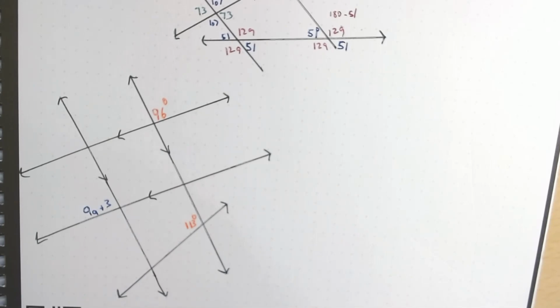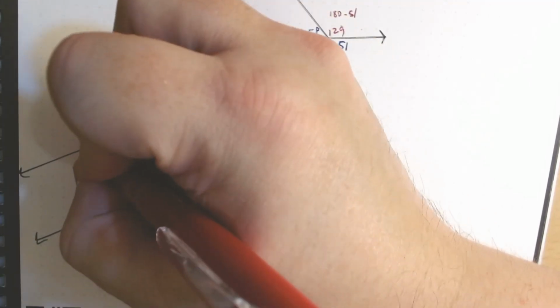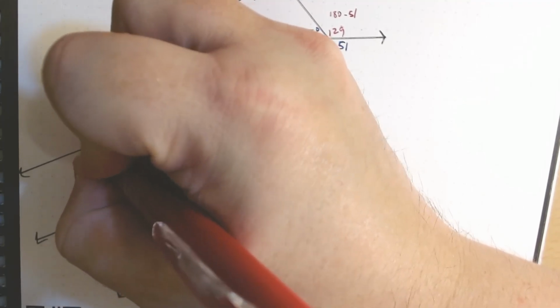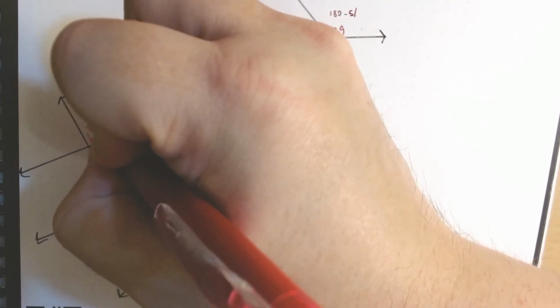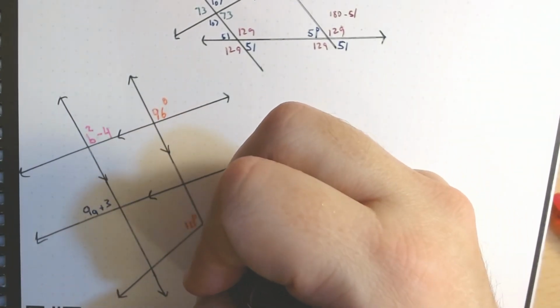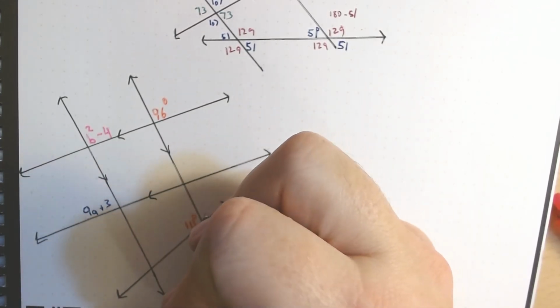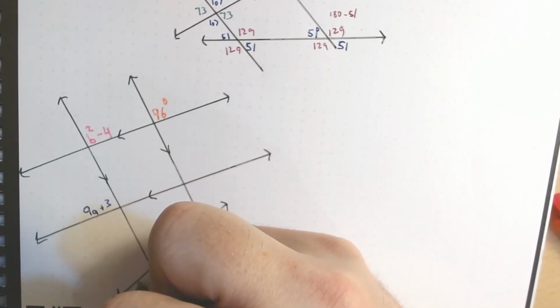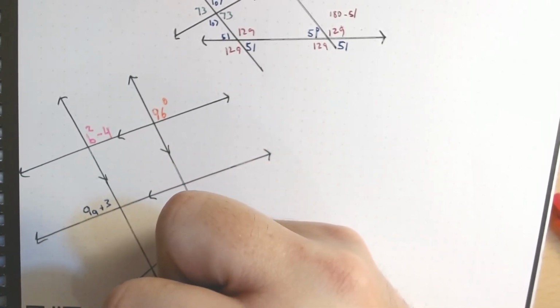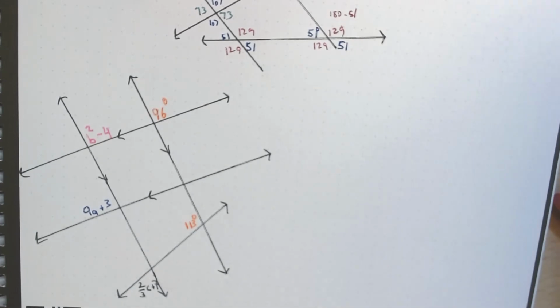All right, and then on an angle here I could put b squared minus 4. And another one, 2/3 c plus 7. Right? So now I'm just adding some algebra to it.